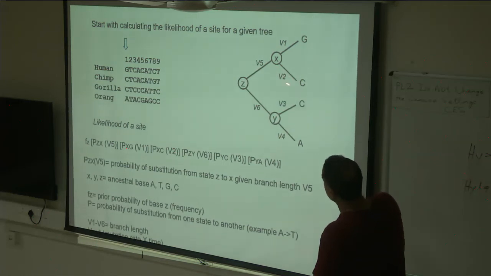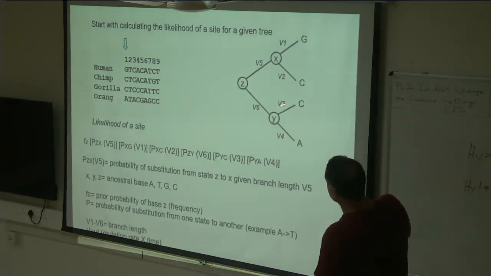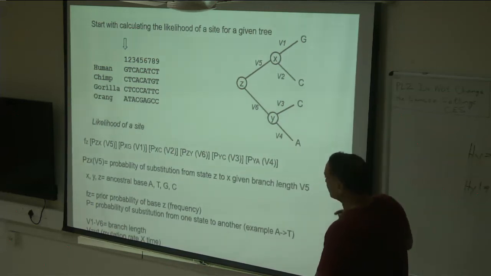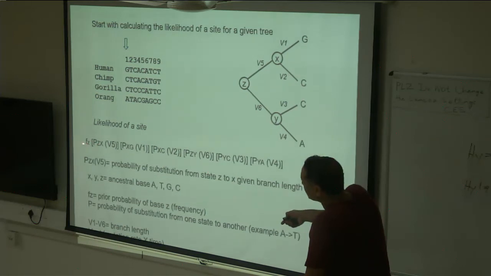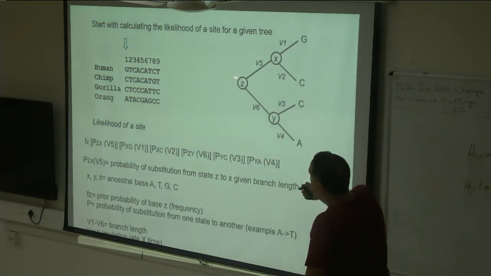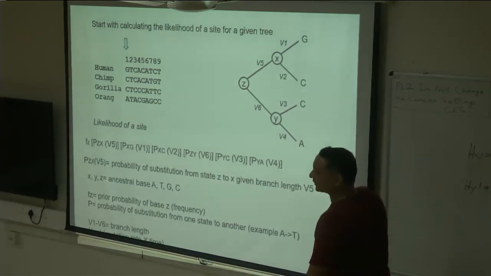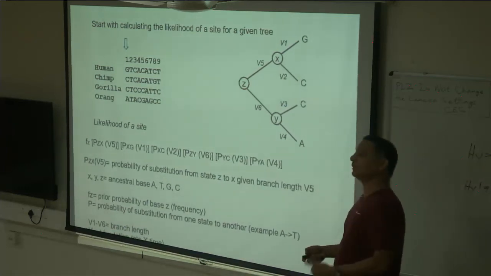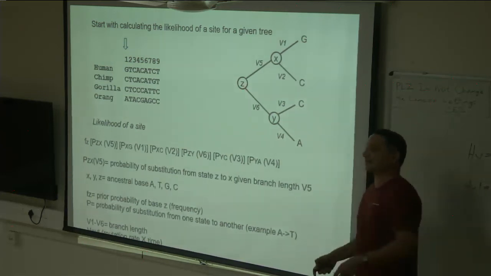So we have finished this part of the tree, and this whole thing is this part of the tree. What you have here is the frequency of this ancestral base, and that is the prior probability that this ancestor has that base.